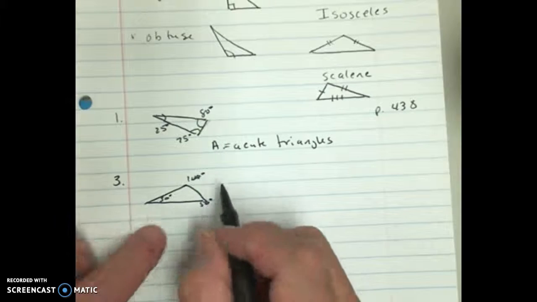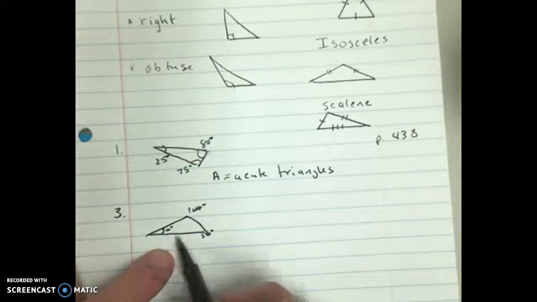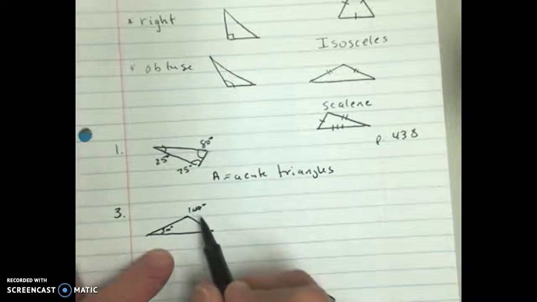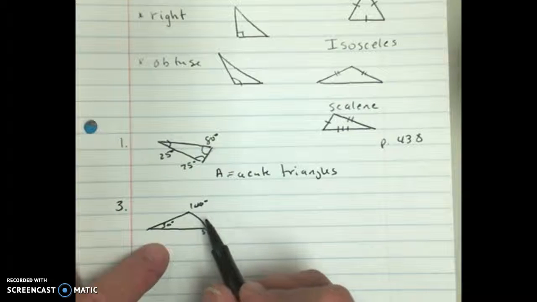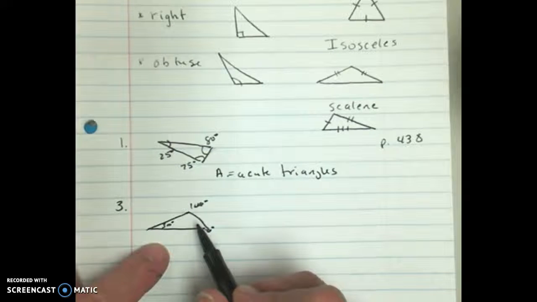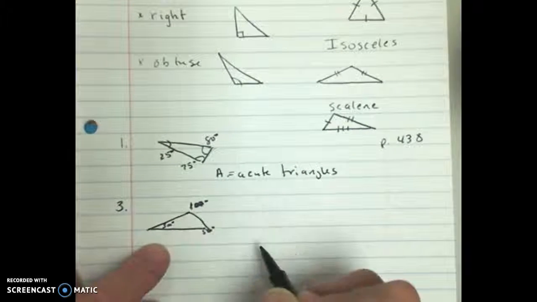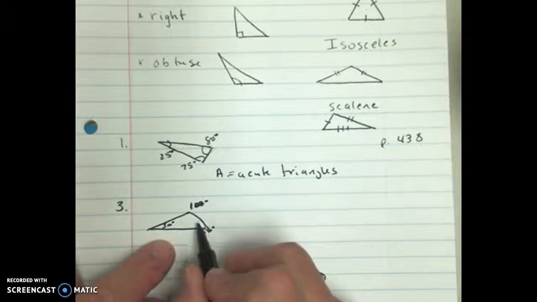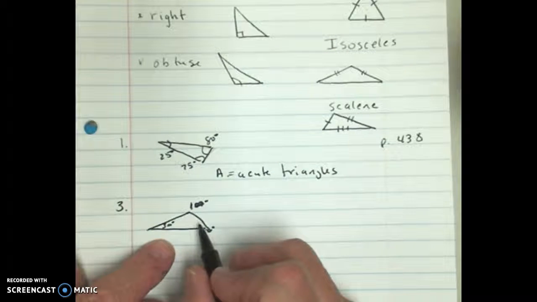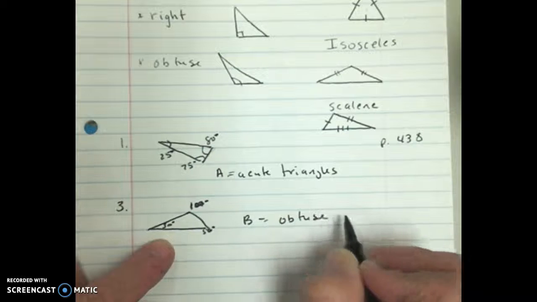So we have a 30-degree angle, a 50-degree angle, and a 100-degree angle, which tells us we have one angle that is more than 90, an obtuse angle. So since we have one angle that's more than 90, this is an obtuse triangle. So the answer would be letter B, obtuse triangle.